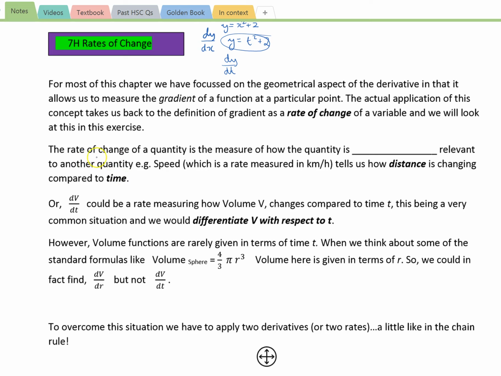It could, for example, as I've got here, because the derivative gives us the gradient, and the gradient measures rate of change, and the rate of change is measuring how one quantity is changing relative to another, then we could talk about speed as a rate.